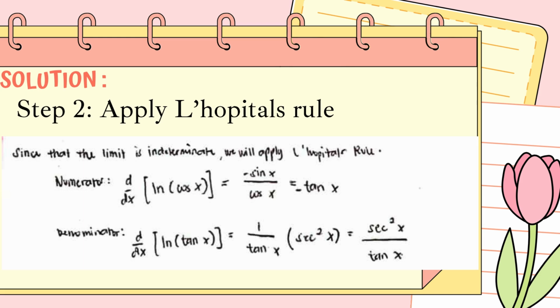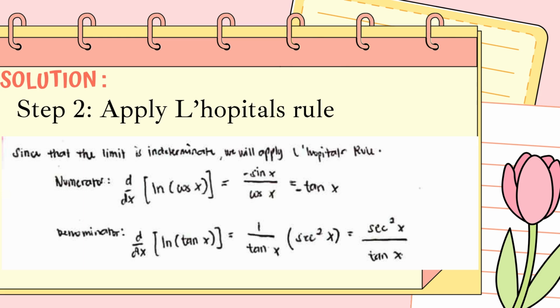Step 2 is to apply L'Hopital's rule. Since the limit is indeterminate, we will apply L'Hopital's rule. We need to differentiate the numerator first and then the denominator. The derivative of ln cosine x is negative sine x over cosine x, which is negative tangent x.